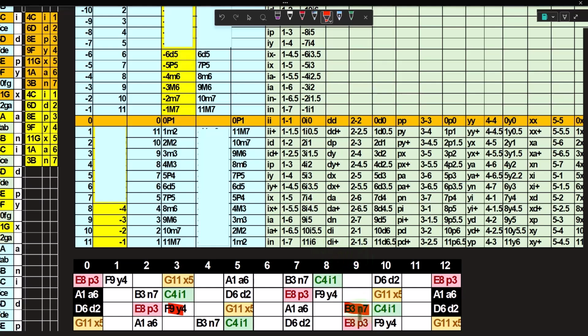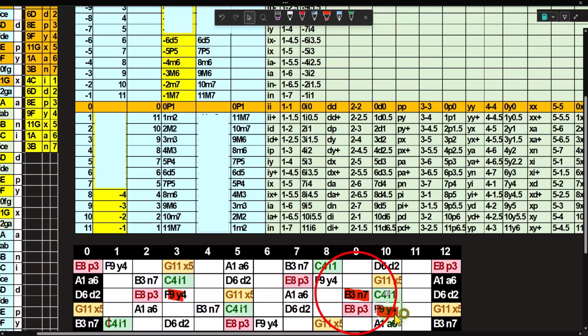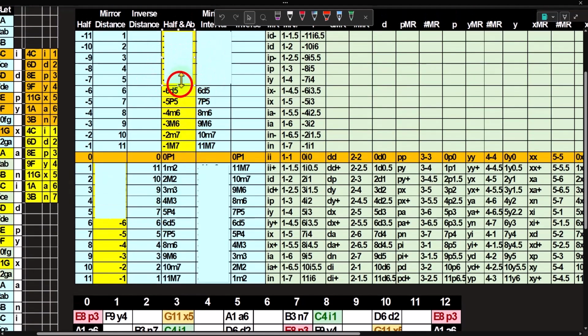If I went 6 forward, it would be 5, 6 right there, going this direction. All right, so let's go to the next one. So this was negative 6. Let's go up to the next one, and we're going to say, all right, what if we go negative 7 backwards?